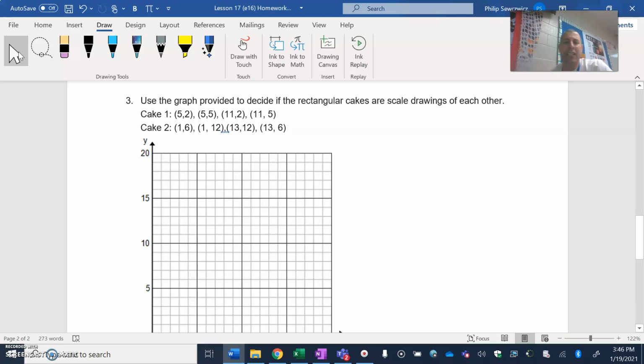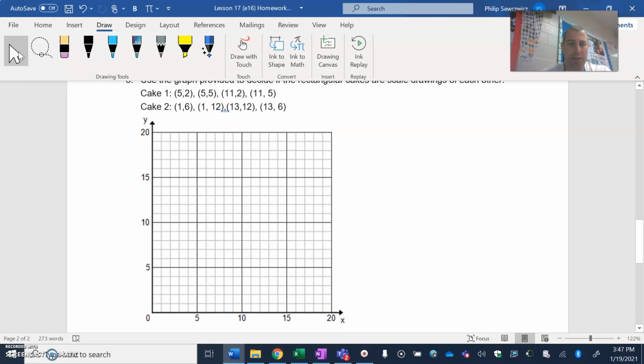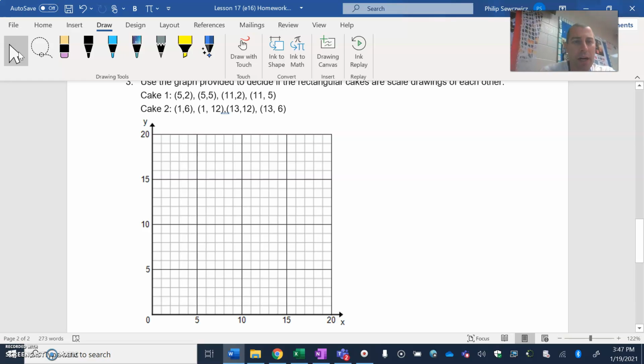So they're asking us to use the graph provided to decide if the rectangular cakes are scale drawings of each other. Okay, so we do need to plot some points first. So let's see here. We've got the ordered pair 5, 2. So I'm going to go to the right 5 and up 2. We're going to put a spot there. All right.